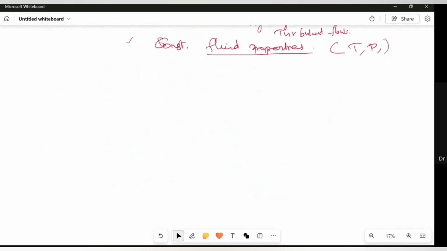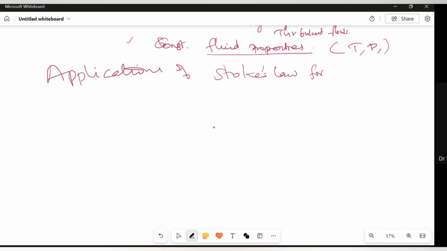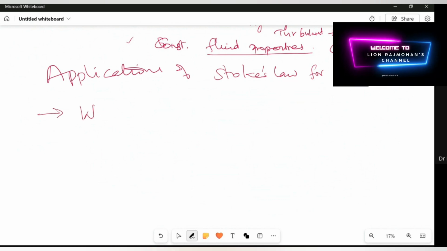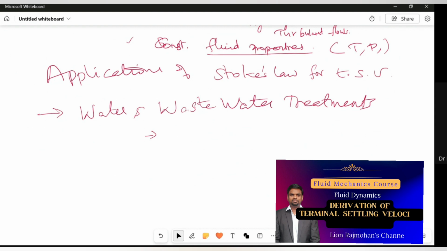However, this equation is very much useful in various applications. So let us list out some of the applications of this Stokes law for terminal settling velocity. It is particularly useful in water treatment and wastewater treatment. Because you know we have several sedimentation tanks, I think you might be learning about them even in the mechanical operations course.